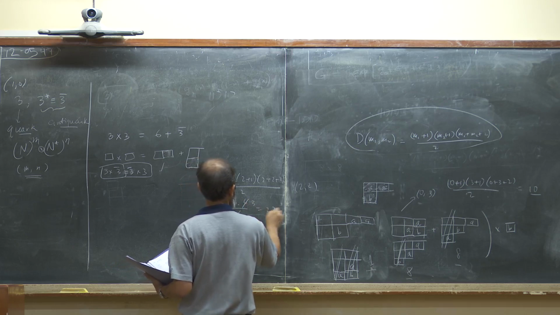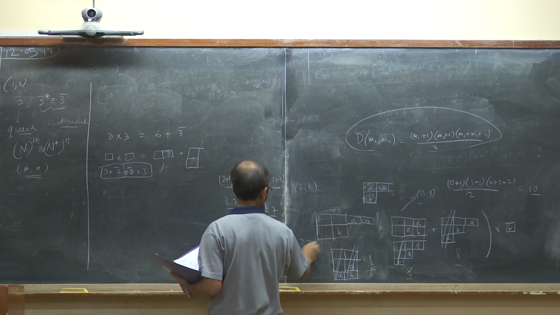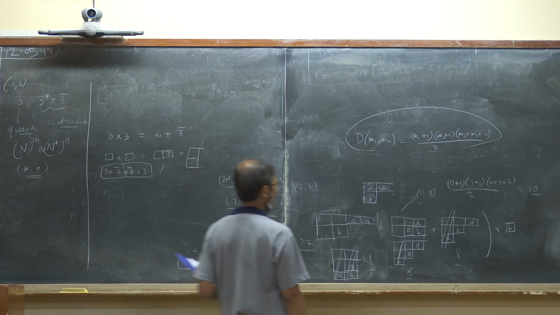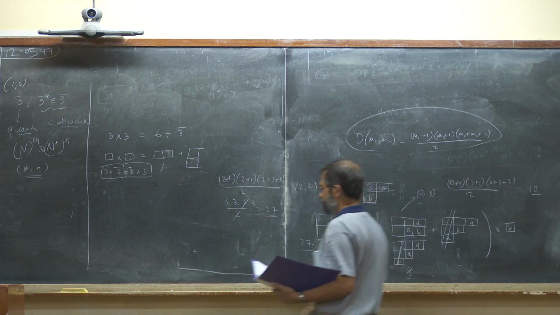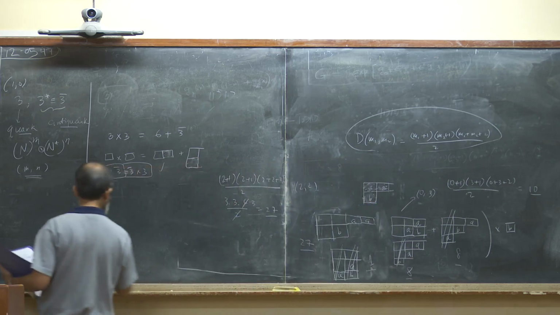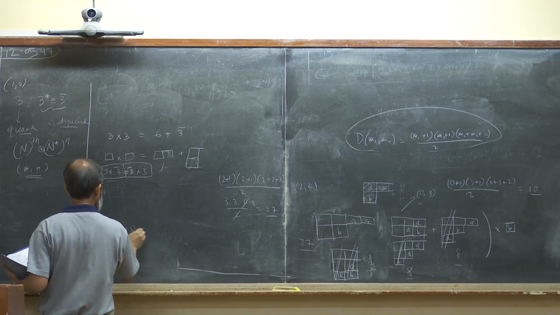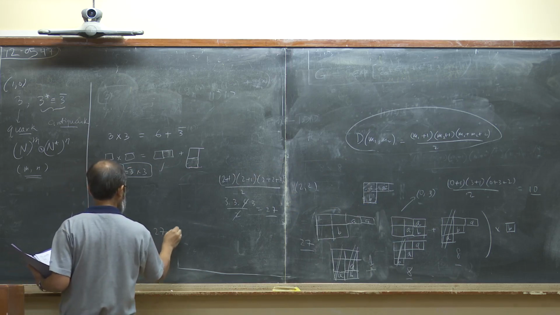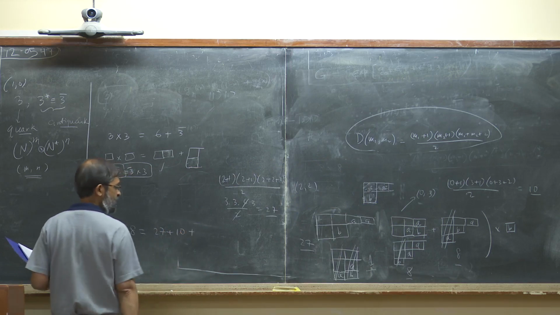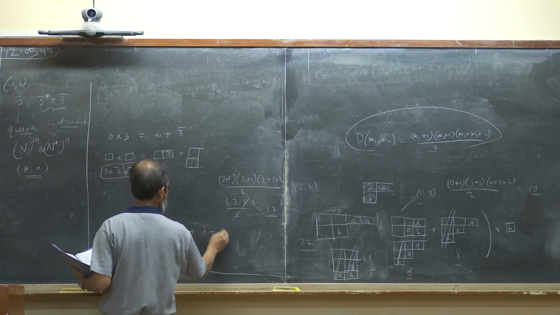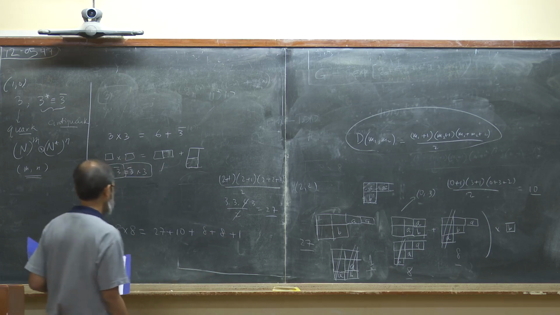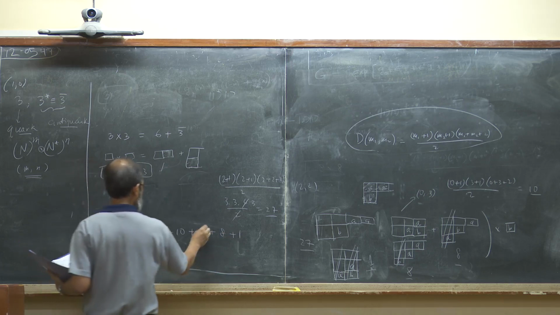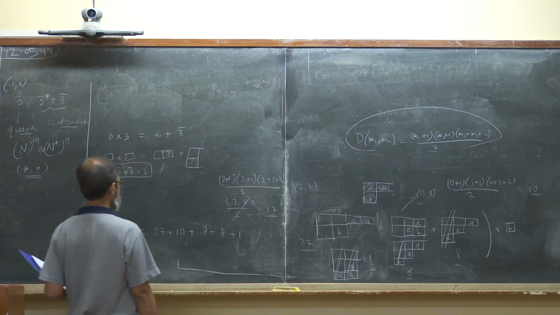So that's 27. So the last thing is 10. 27, and that is 10. So therefore we arrive at the tensor product decomposition, which is 8 cross 8 is 27 plus 10 plus 8 plus 8 plus 1. Of course, you should check that the whole thing becomes 64.